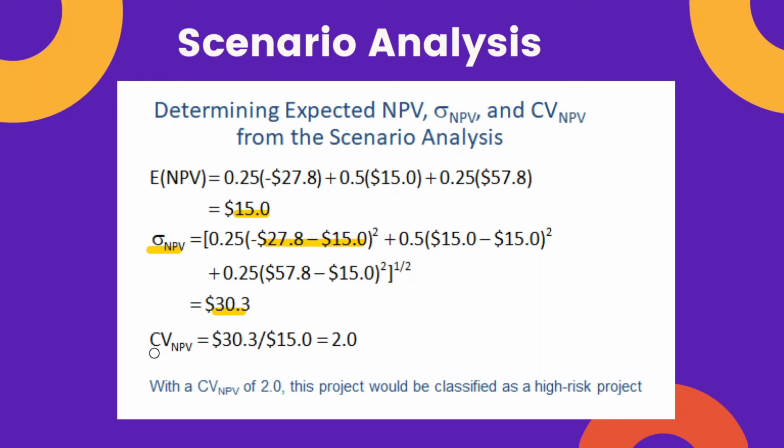To normalize the number, we can calculate the coefficient of variation, which is risk divided by return, or standard deviation divided by expected value. The risk per 1 unit of return is equal to 2. Risk is twice the return. So this project is classified as a high-risk project.